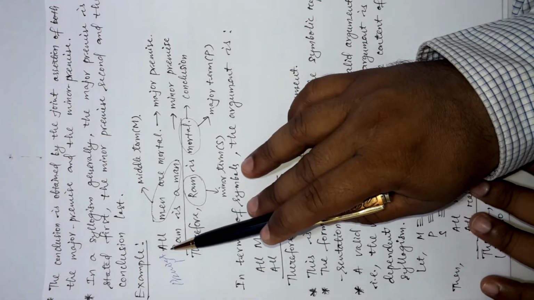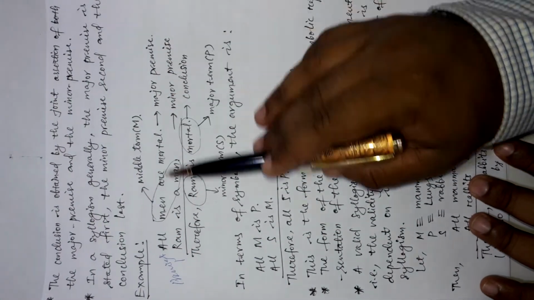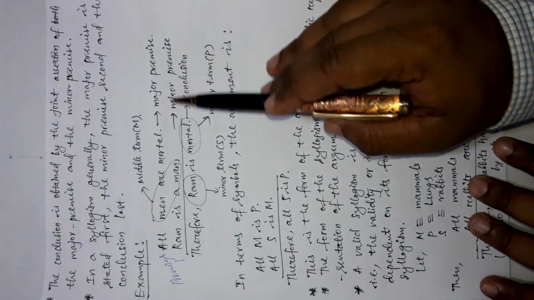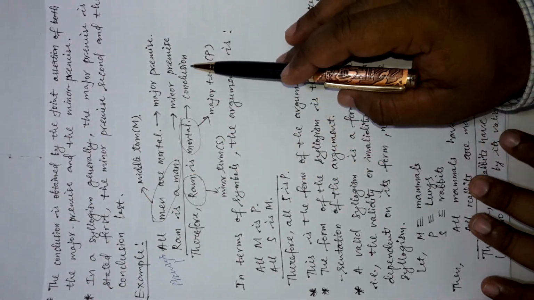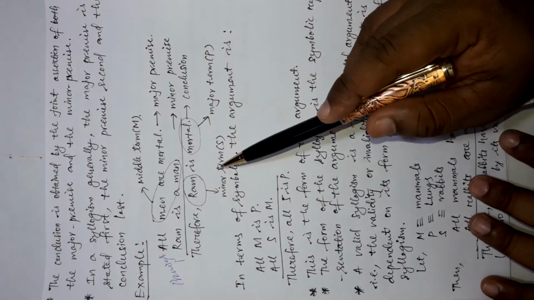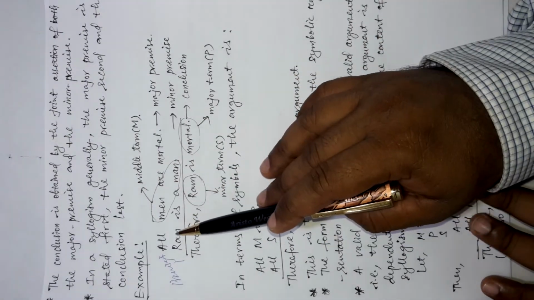The first premise is called the major premise, the second premise is the minor premise, and the last one is definitely the conclusion. So, major, minor and conclusion, in this way they are categorized. Let us discuss this whole thing through a small example.